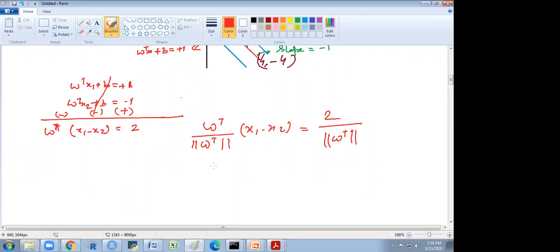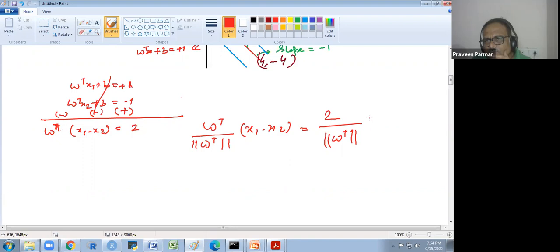And we need to maximize it. We want to maximize this distance. Now we are getting this value as this much. What distance? This one.